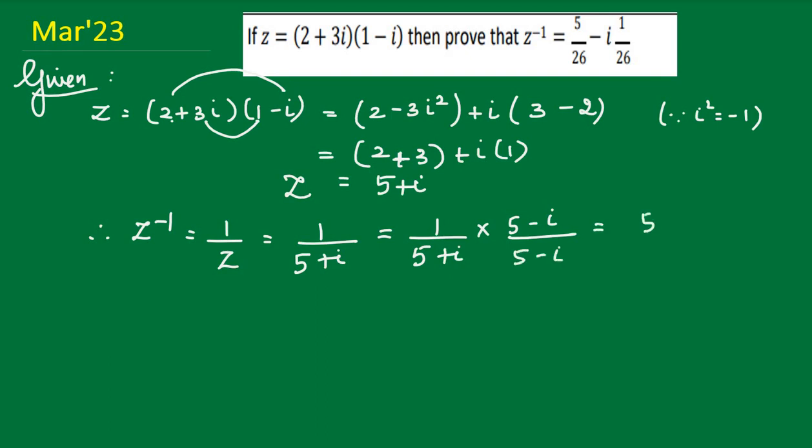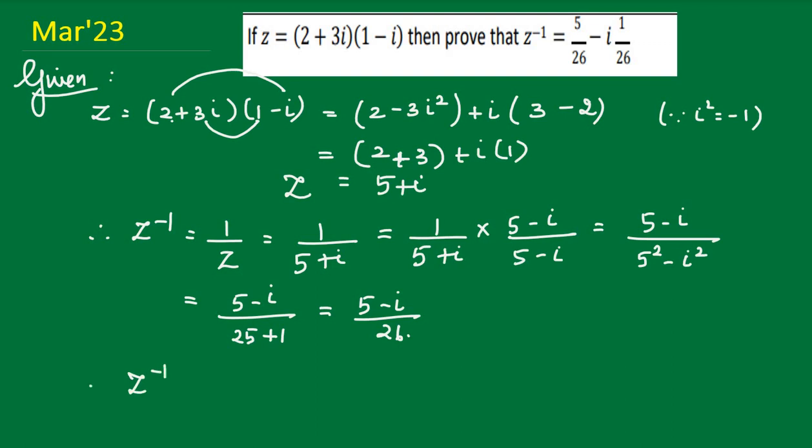Now this is equal to 5 minus i divided by 5 squared minus i squared, which is equal to 5 minus i divided by 25 minus i squared. i squared is minus 1, minus of minus 1 is plus 1, which is equal to 5 minus i divided by 26. We are asked to write the real part separately and the imaginary part separately. Therefore, we write z inverse is equal to 5 by 26 minus i by 26.